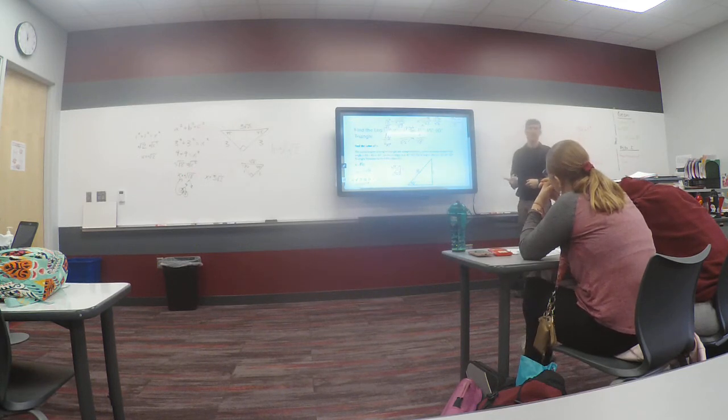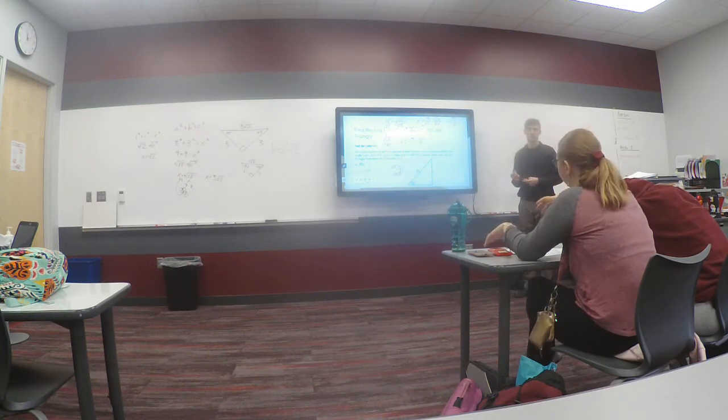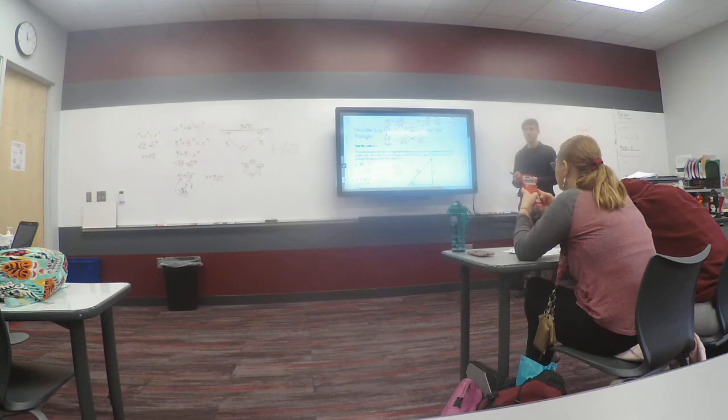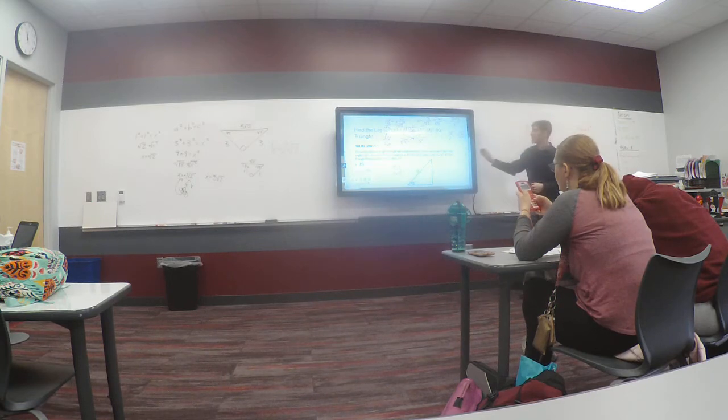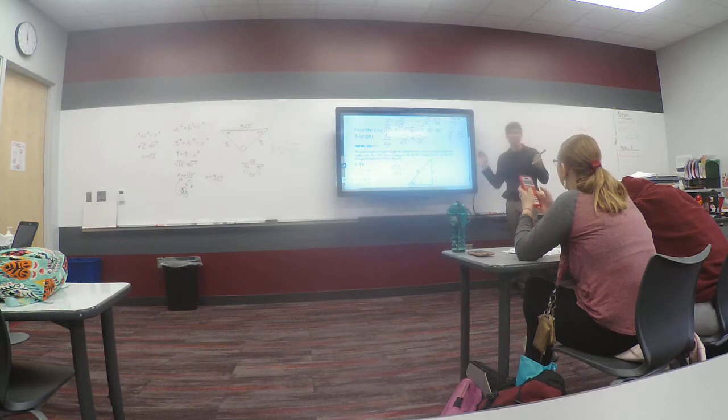Can I simplify that? If I'm looking at it, I can rewrite this as 18 over 2 times radical 2 over 1. What's 18 divided by 2? 9.